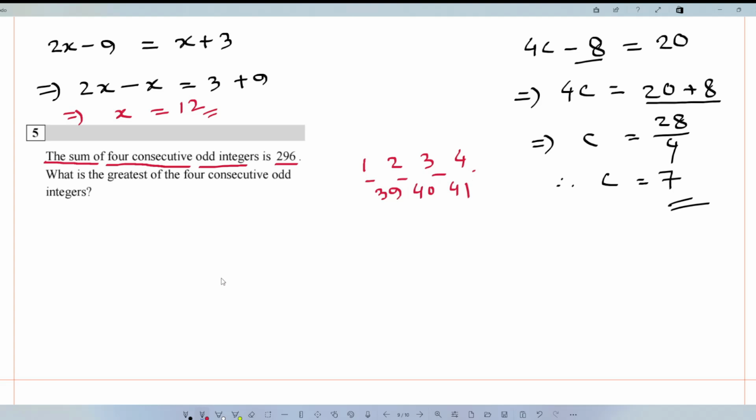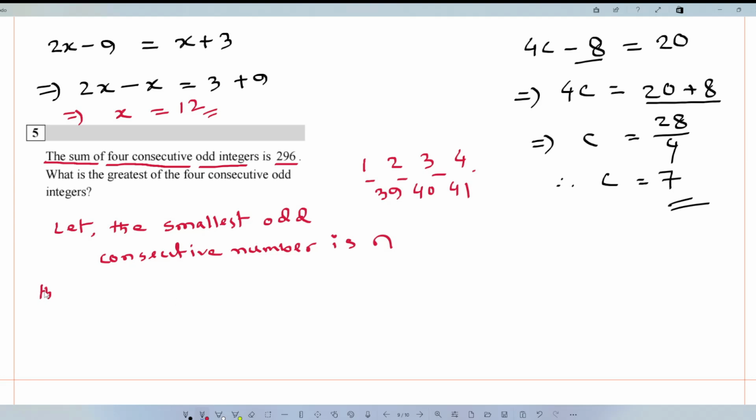So let the smallest odd consecutive number be n.